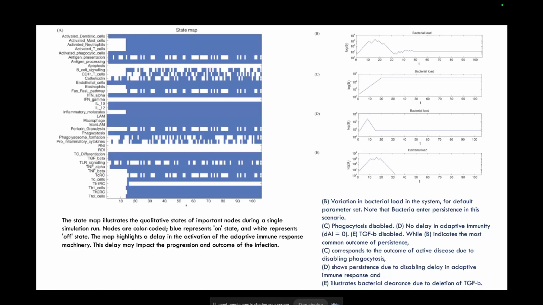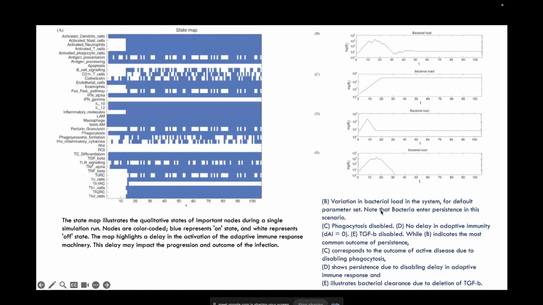This is a map that highlights the delay in activation of adaptive immune response machinery. If you see IFN gamma, you see apoptosis, you see steps like Th1RC. These are all involved in the adaptive immune process, where the activation occurs later compared to the innate immune process. And this is the variation in the load of the bacteria for the default parameter set.